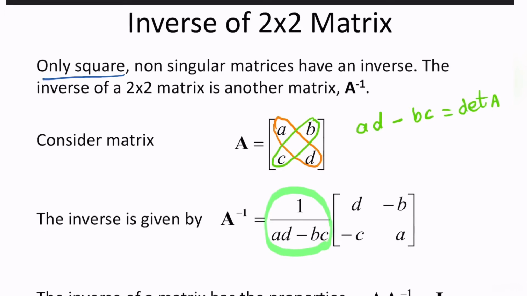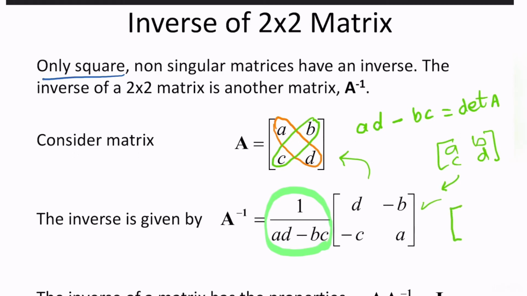So this means it's 1 over the determinant of A multiplied by, this is another step here, this matrix here. What we did here, we need to swap the diagonal. If you look at the original one, there was A, B, C, D. Then in this one, it's been swapped. The places of A and D swapped over.